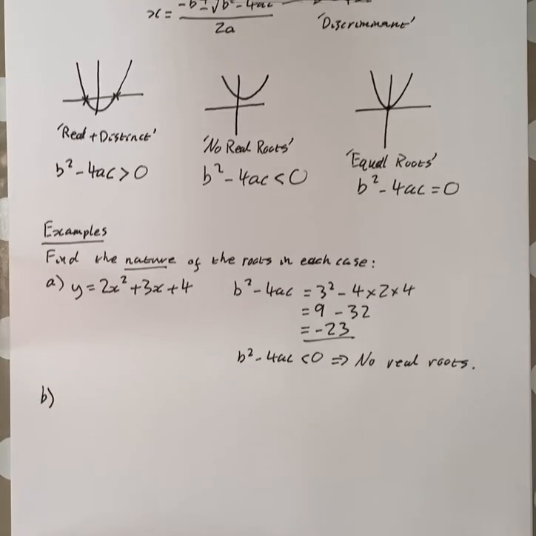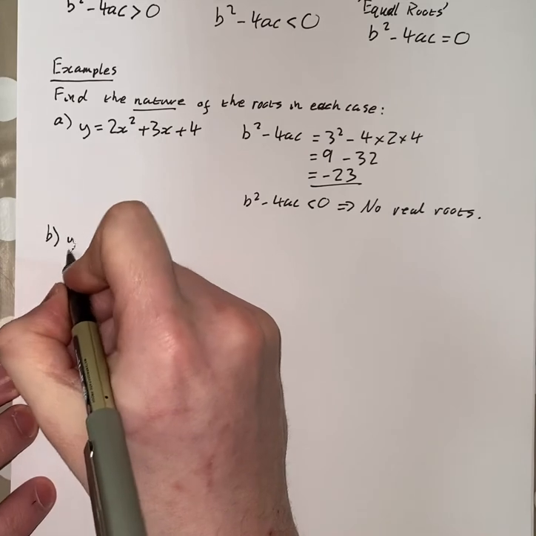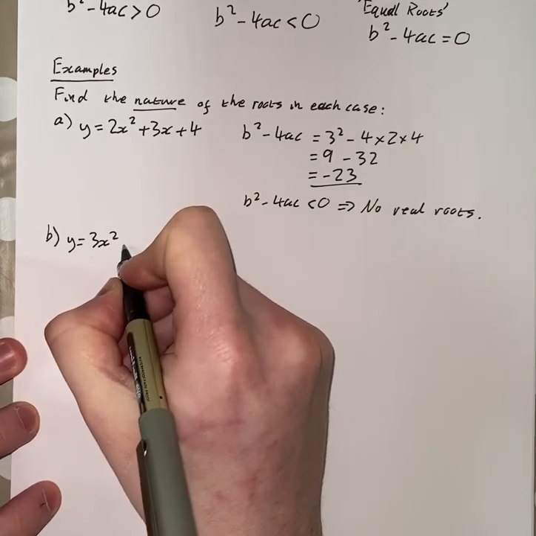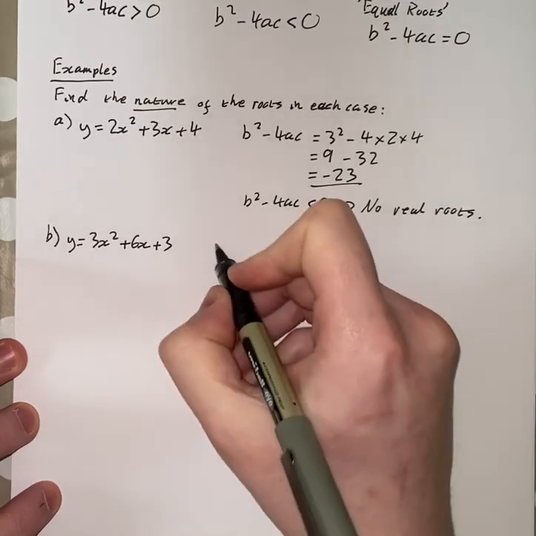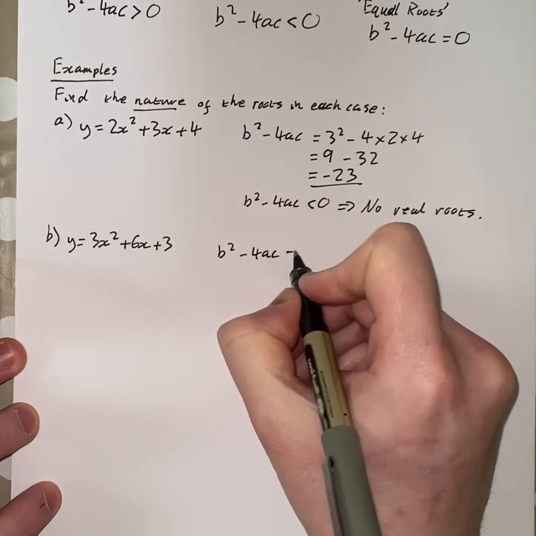Second one we're going to look at. We're going to do the same thing, but this time our equation is y equals 3x squared plus 6x plus 3. Again, we're going to say b squared minus 4ac.